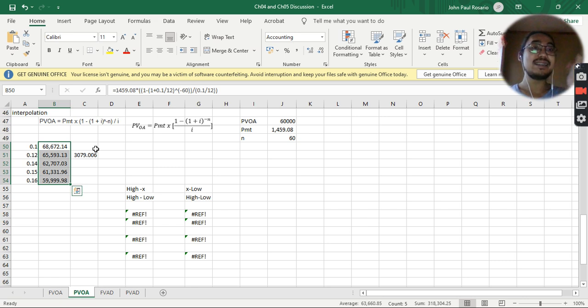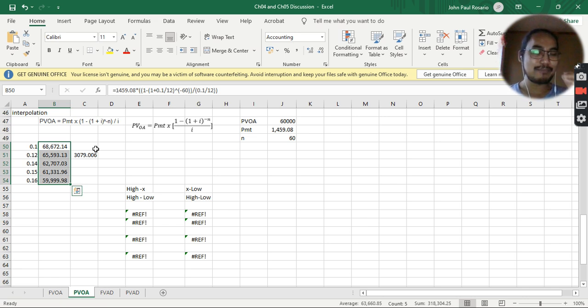So remember earlier, for future value, the higher the interest rate, the higher the future value. In a present value, the higher the interest rate, the lower the present value. So in this case, do we need to go lower in our present value from 68 to 60? So meaning we have to go lower. So since we need to go lower, we have to increase our interest rate.